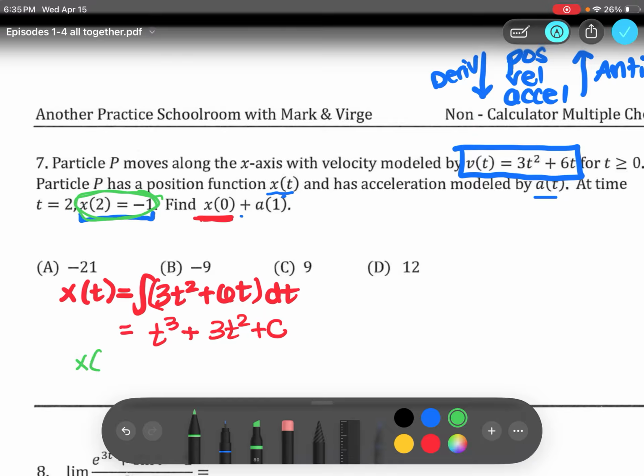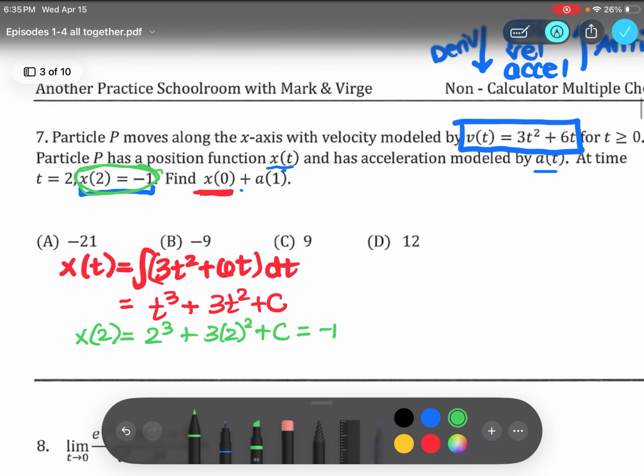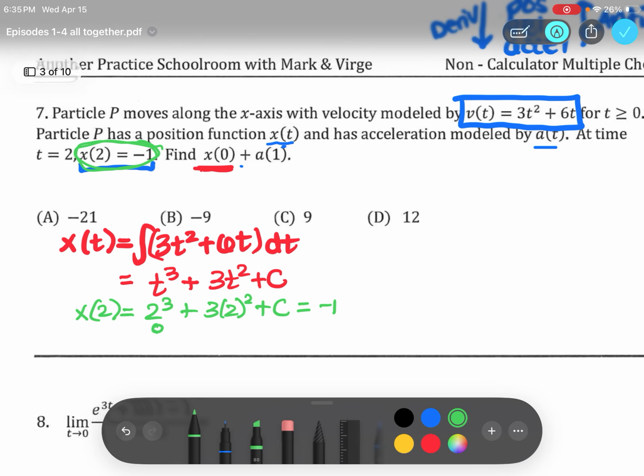So I'm going to go in here and say, okay, what's x of 2? 2 cubed, 3 times 2 squared, plus c. And when I do that, I'm supposed to get -1. So I'm going to solve for c. I have 8 plus 12 plus c equals -1. I have 20 plus c equals -1. I'm getting that c is -21.